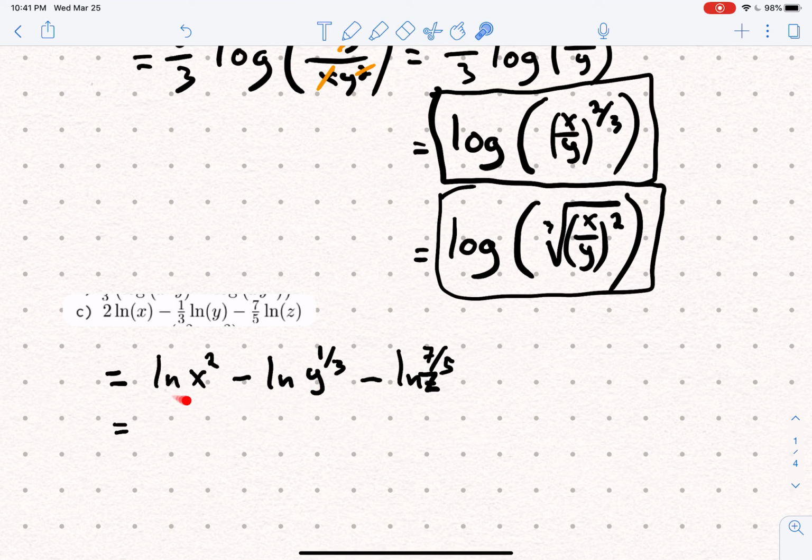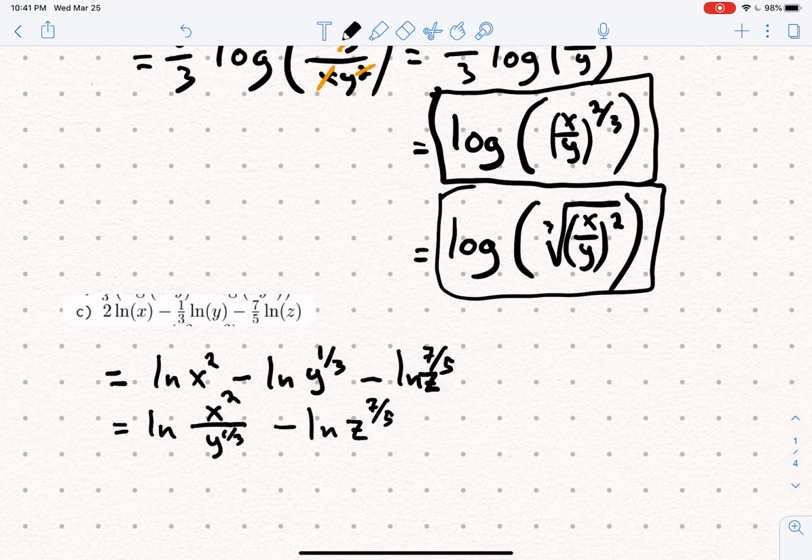First, I'll combine these two together, and then I'll combine the result with this one. So combining these two, since the logs have a subtraction, that means that we're going to get a single natural log with a fraction inside, and that fraction will have x squared on the top and y to the 1/3 on the bottom. And then we still have this minus ln of z to the 7/5.